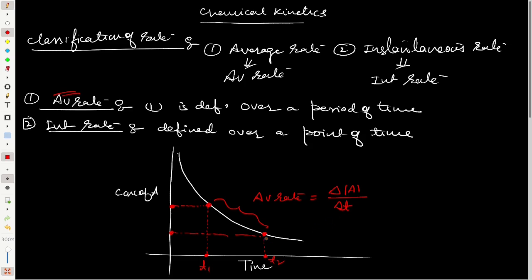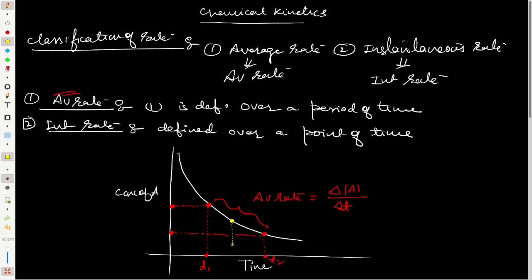Now, in this graph, if we want to define the instantaneous rate, suppose that we want to define the rate at this particular instant, at this particular time.